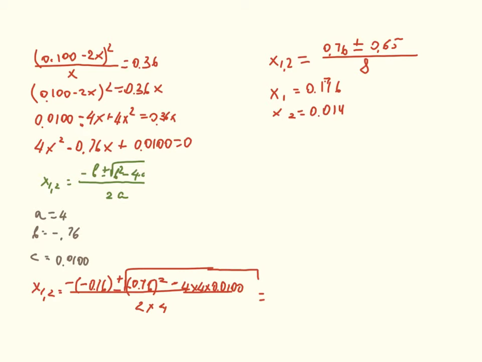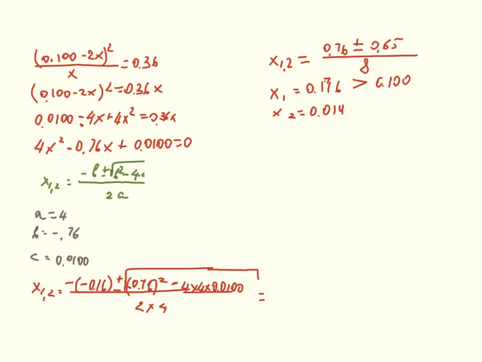Let us analyze these results. The first root of this equation has to be rejected because the result is greater than the initial concentration, which was provided in the problem.